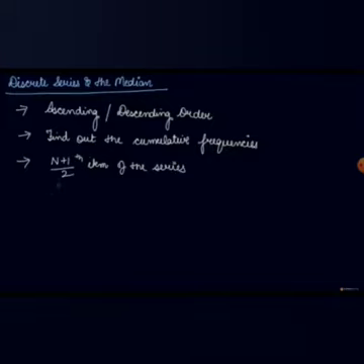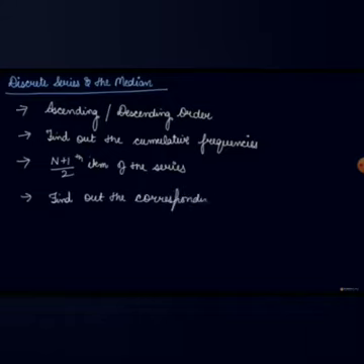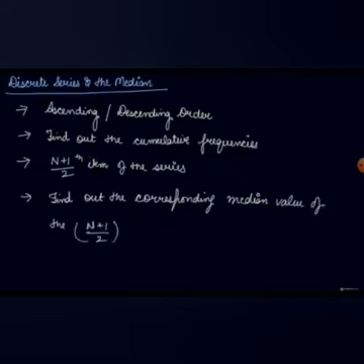After that, we will find out the corresponding median value of the n plus 1 by 2th item of the series. So first of all, arrange in ascending or descending order, find out the cumulative frequency, find out the term by using this formula, and find out the corresponding median value.